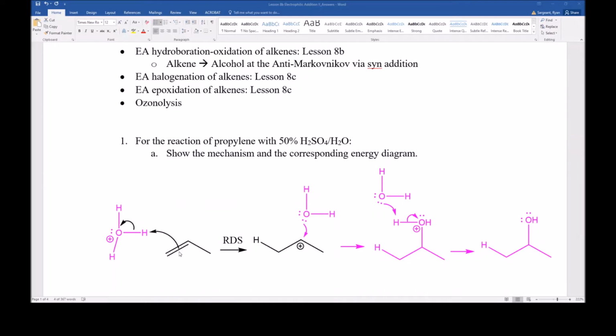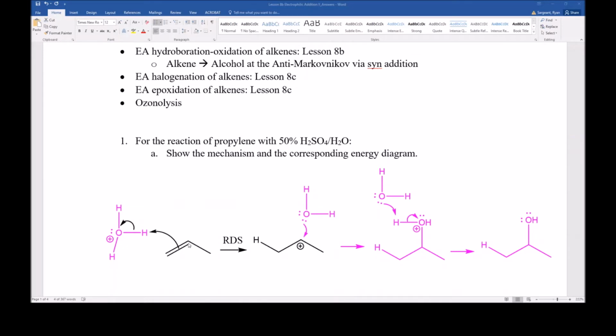The mechanism is electrophilic addition. And you can see where the mechanism is defined as electrophilic addition because the pi bond reaches out and leaves behind a carbocation. The final alcohol product ends up capturing the carbocation, and the carbocation will show up at the more substituted position of the alkene.